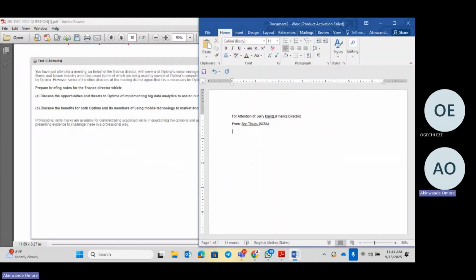So this subject now: threats to Optima in implementing.